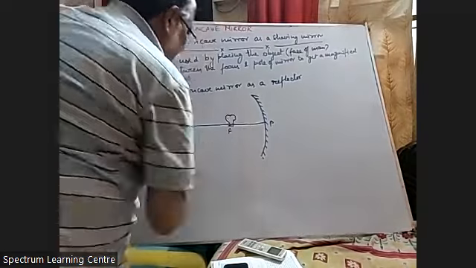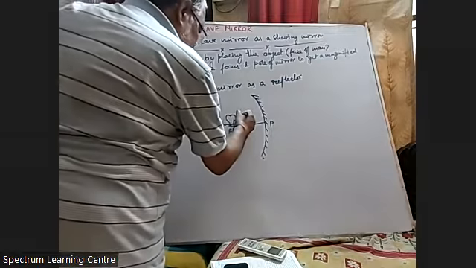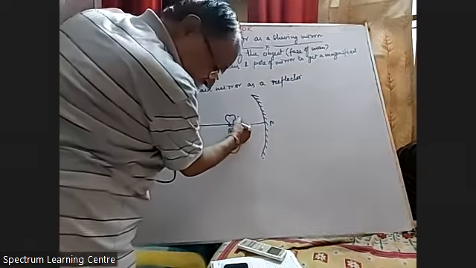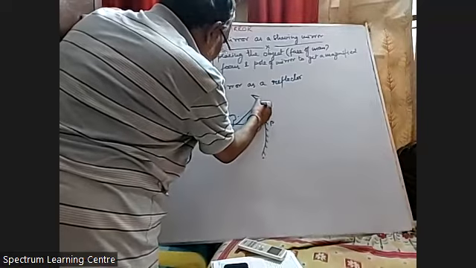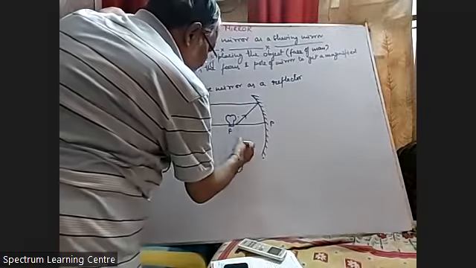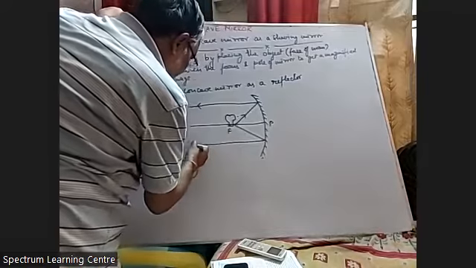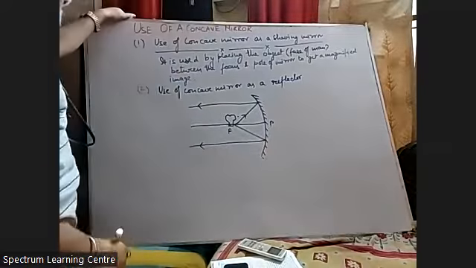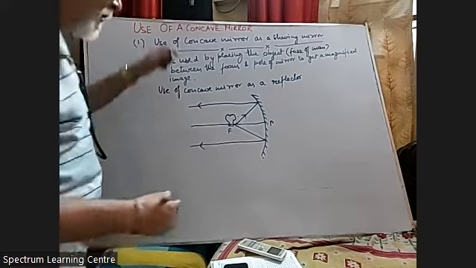If I place a bulb here, then light from the bulb will go from focus and become parallel to the principal axis. This gives a beam of parallel light, right?